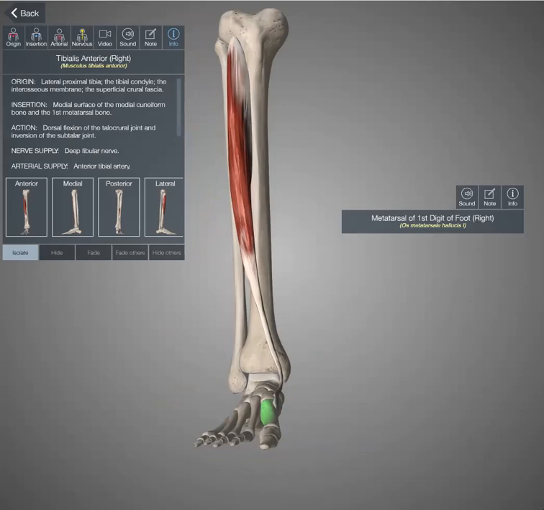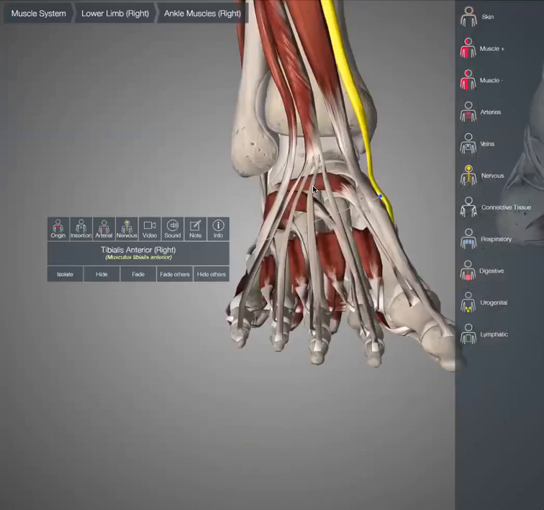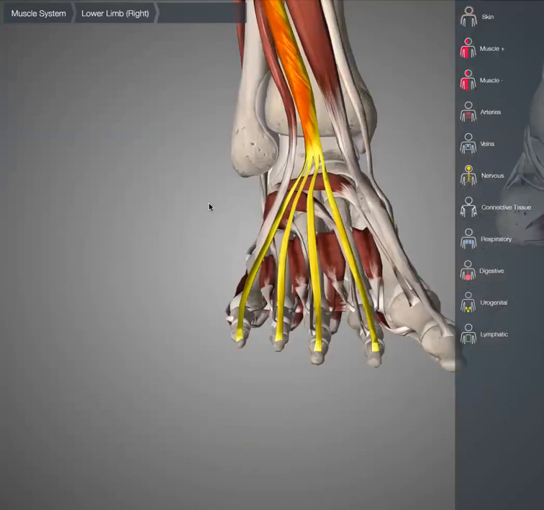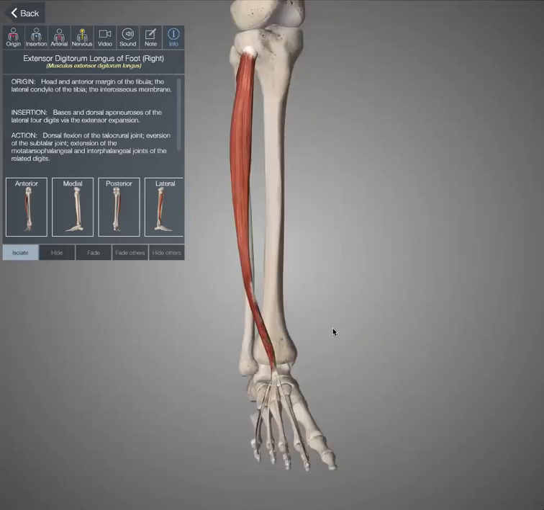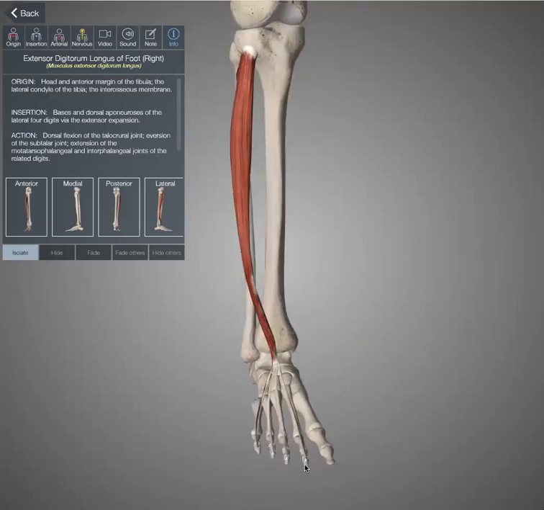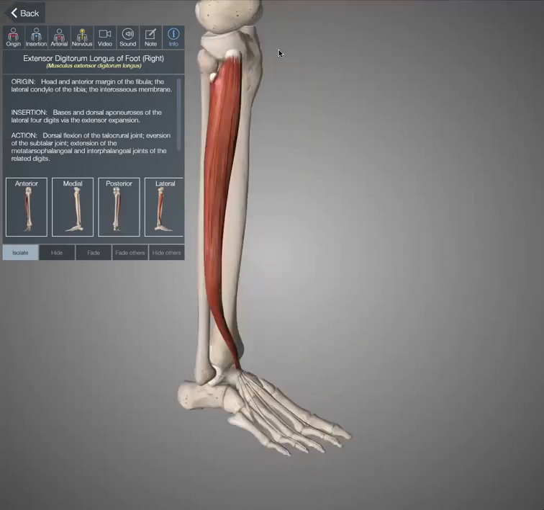The next muscle that we're going to discuss is the extensor digitorum longus, which is this muscle. The extensor digitorum longus only reaches out to toes 2, 3, 4, and 5. It starts also on the lateral condyle of the tibia and also the medial surface of the fibula.